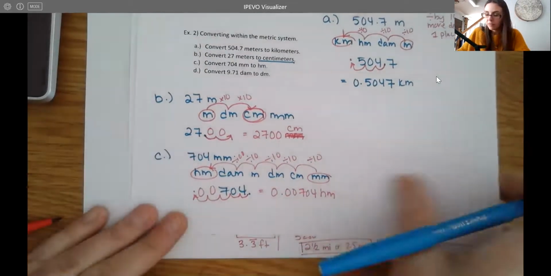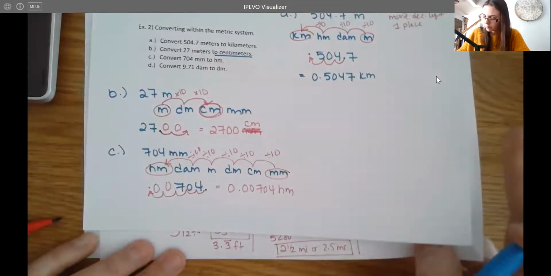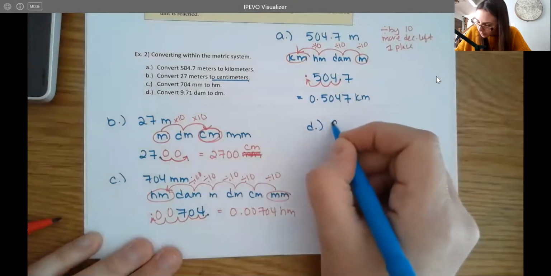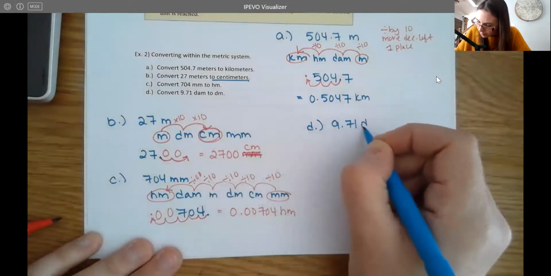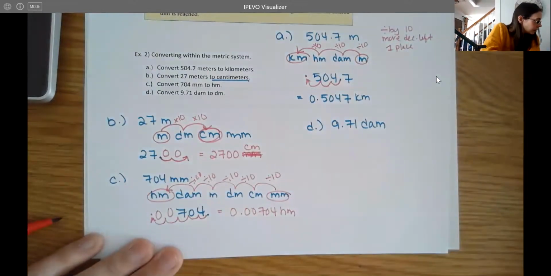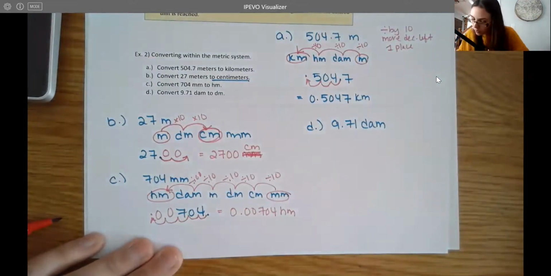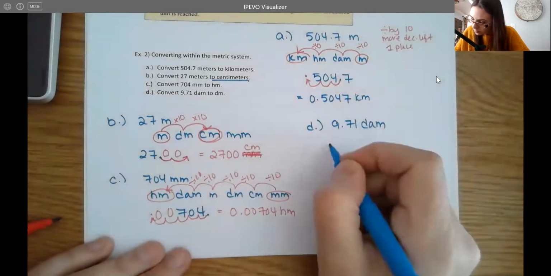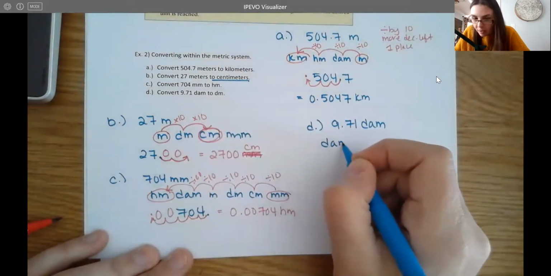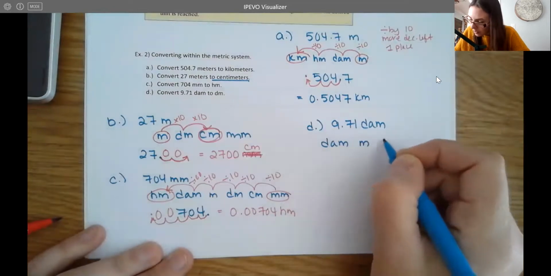And then finally for D, I'm going 9.71. Let's see, what do I have there? Decameters, and I'm going to decimeters. So D-A-M, the next one is M, and then D-M.